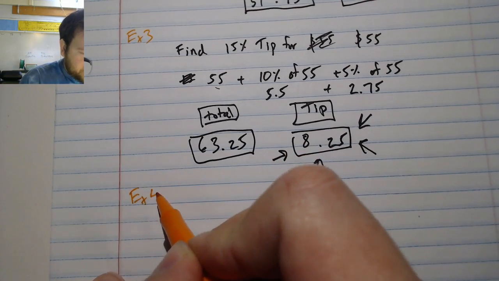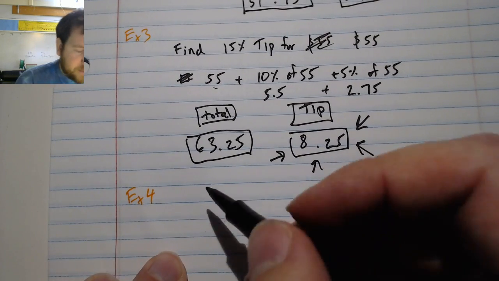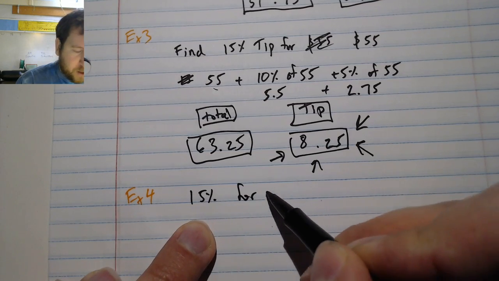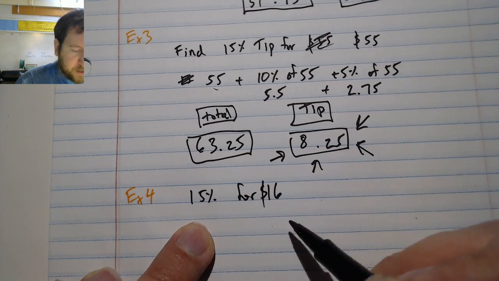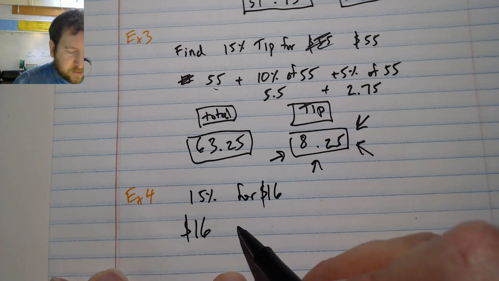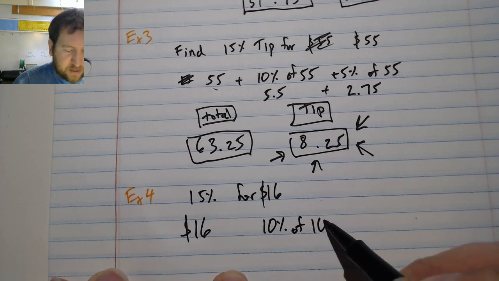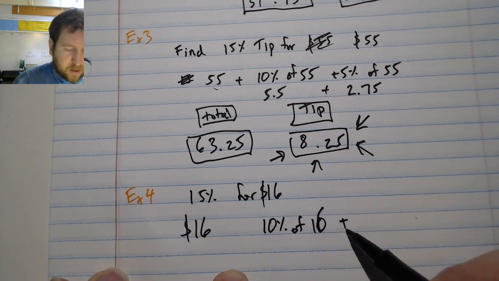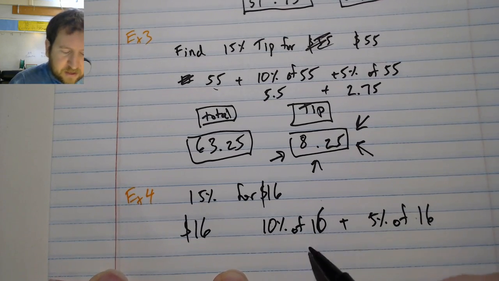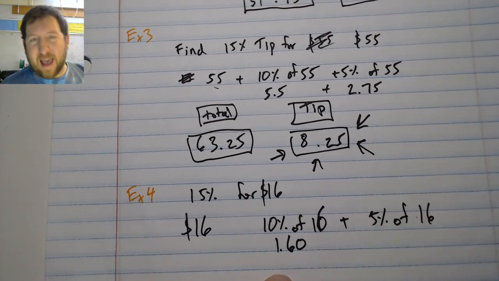Example 4. Sorry for the longer video, but this one's a little bit different than a lot of the math we've been doing. We're going to find 15% for a $16 bill. I've got $16 here, and I'm going to find 10% of 16 plus 5% of 16. 10% of 16 is going to give me $1.60. 5% of that is going to be half of that.